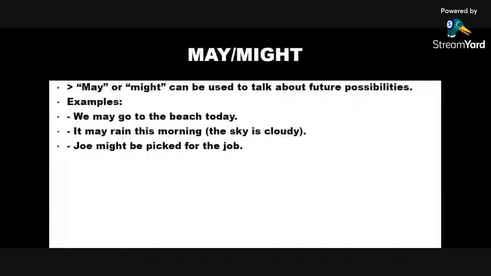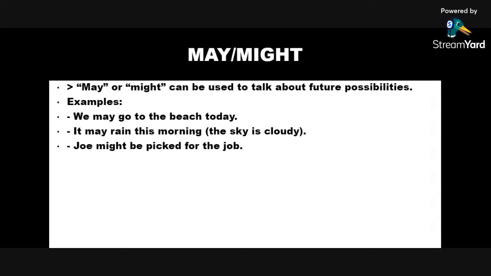Then the last but not the least is the use of may or might. May or might can be used to talk about future possibilities. It's not being spoken with certainty or assurance, like when you have already made arrangements, you have bought a ticket for your flight, or a test or an exam is fixed, or a meeting is going to commence.